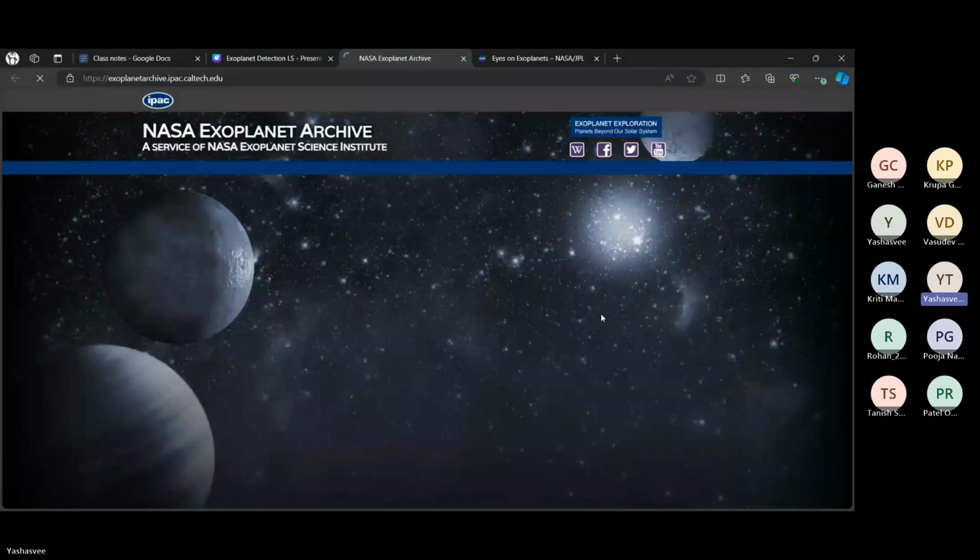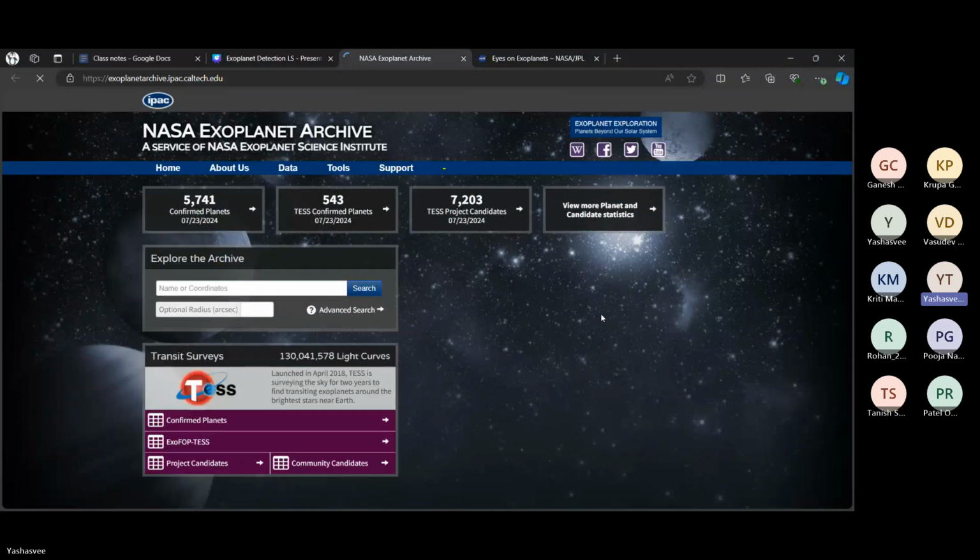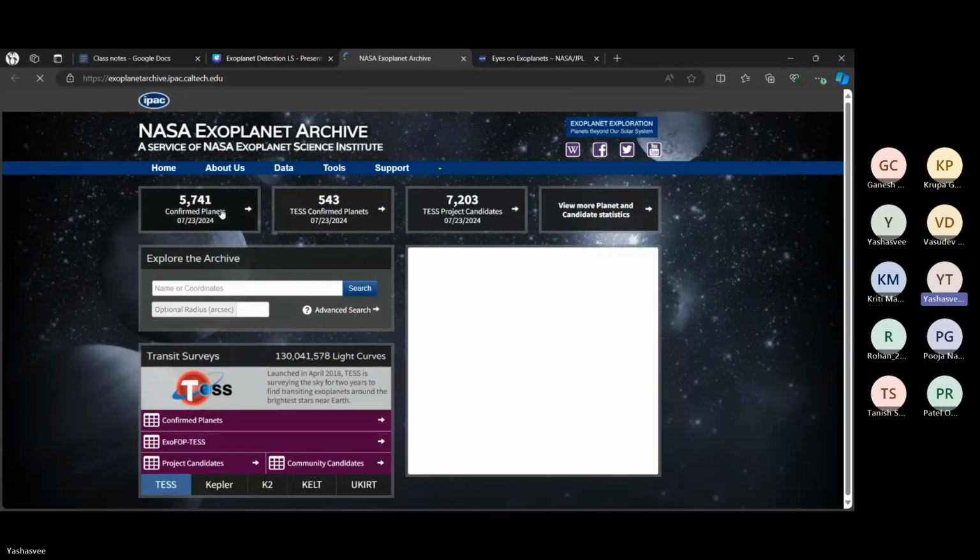Next, we have NASA's Exoplanet Archive. Like the name suggests, it's an archive of all the exoplanets which have been discovered by NASA till now. As you can see here, we'll check a list of the confirmed planets.